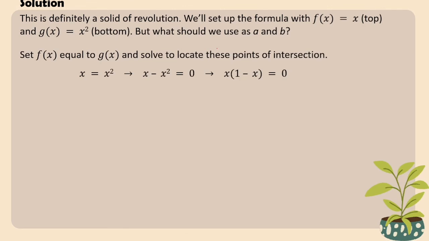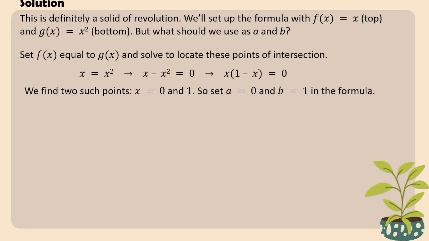So x equals x squared, so x minus x squared equals 0, or x times (1 minus x) equals 0. We find two such points, x equal to 0 and x equal to 1. So let us set a as 0 and b as 1 in the formula.